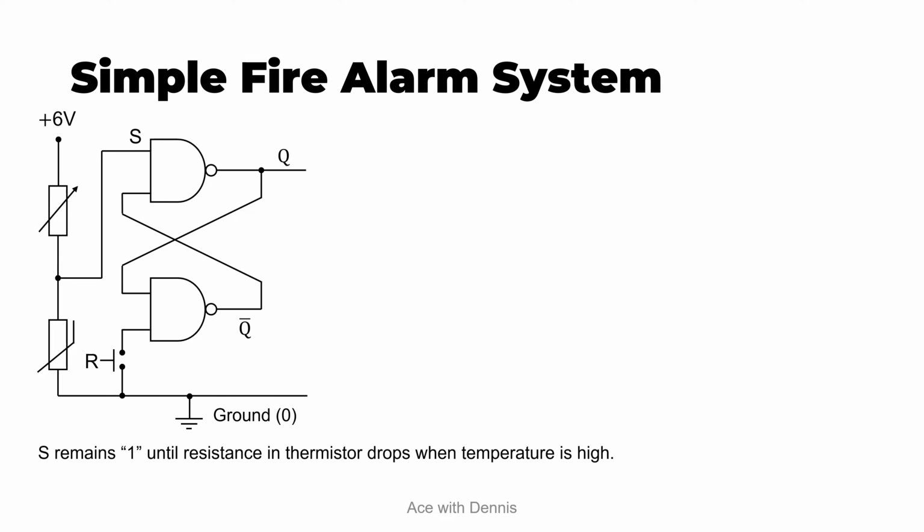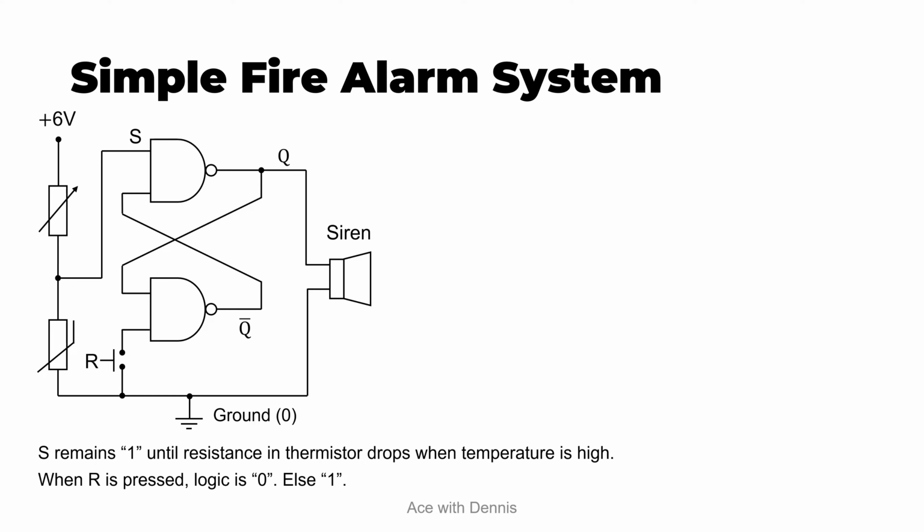So S will remain 1 until the resistance in the thermistor drops when the temperature is high. On the other hand, when R is pressed, the logic is 0, or else it will be 1. The output Q is connected to a siren. So here is the truth table for this simple fire alarm system.